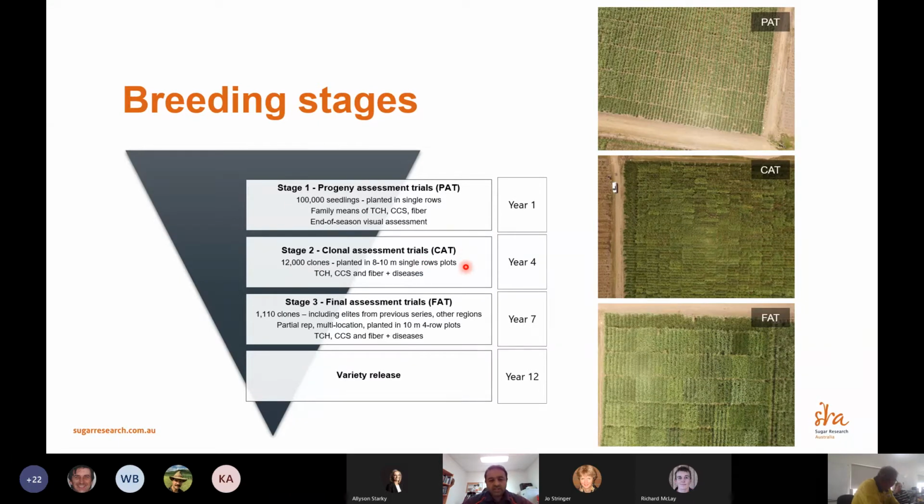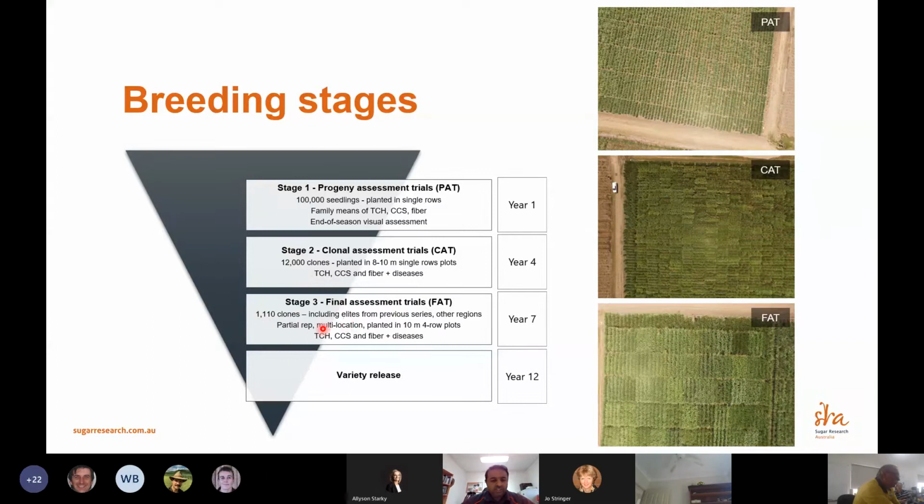And in the clonal assessment trial, they are again planted in single row 8 to 10 meter plots, and they are selected for TCH, CCS, fiber, and some diseases. And in stage 3, which is called the FATs, or final assessment trials, about 1,100 clones are being phenotyped.